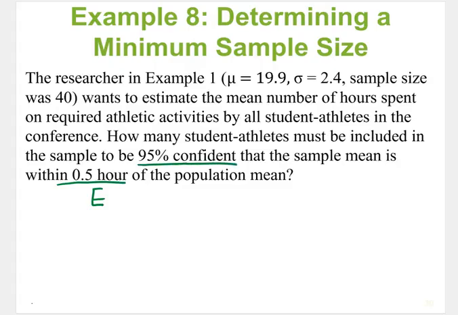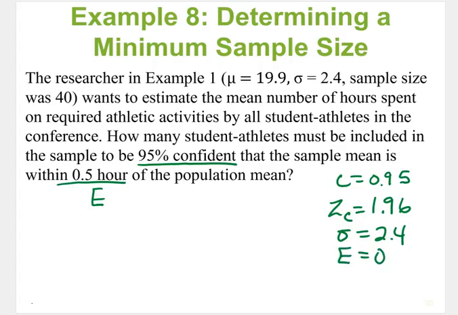So that will help me find my Z. So my c is 0.95. And from that, I can find my critical value, which is one of the ones I asked you to memorize. That was 1.96. And we know that the sigma from before was 2.4. So we have all the important information that we need. And my E is 0.5.